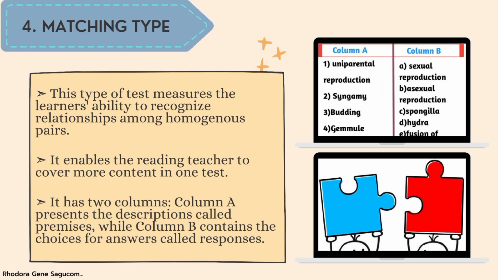Another type of objective test, and the last one on this list, is the matching type. This type of test measures the learner's ability to recognize relationships among homogeneous pairs.